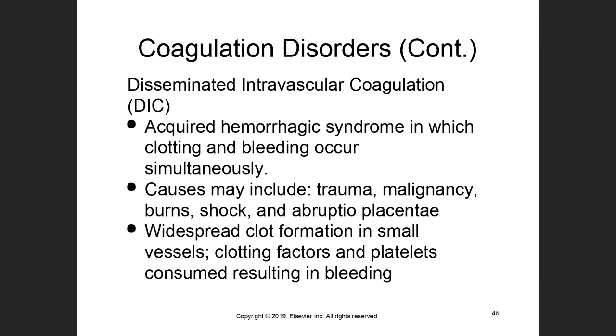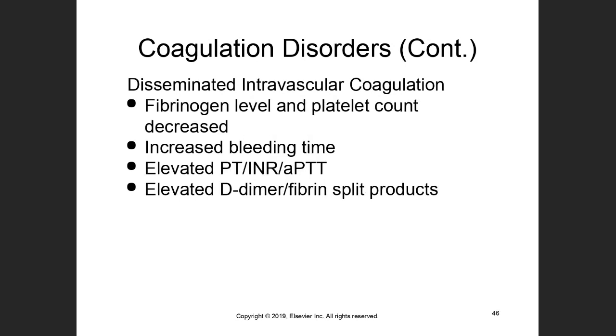When you activate the coagulation, you consume all the platelets and clotting factors, and then you are at risk for bleeding. And because they produce a lot of coagulation, the D-dimers are extremely elevated in those patients.